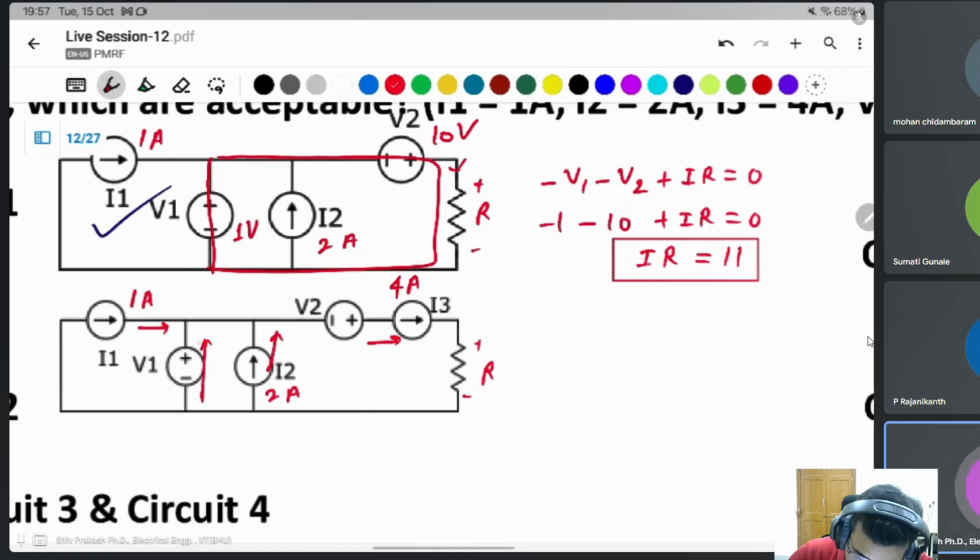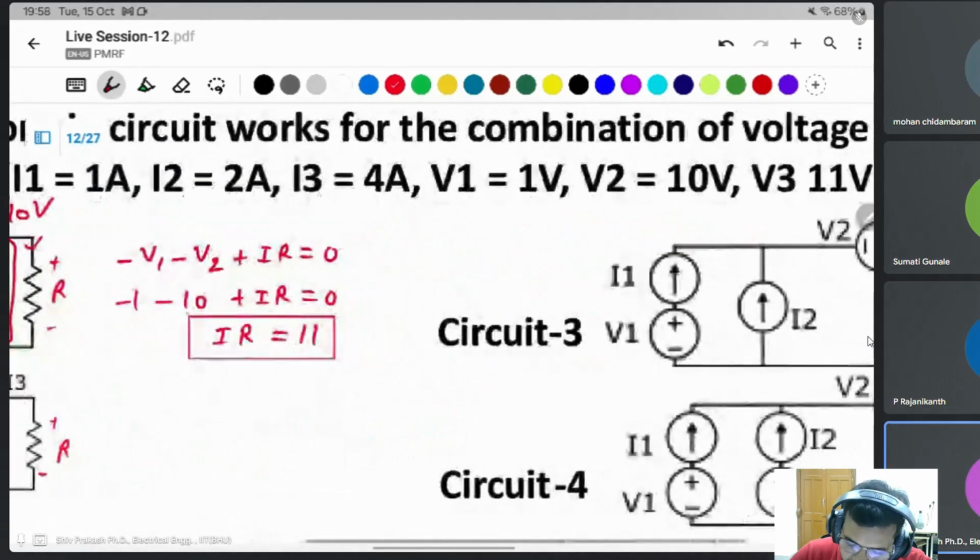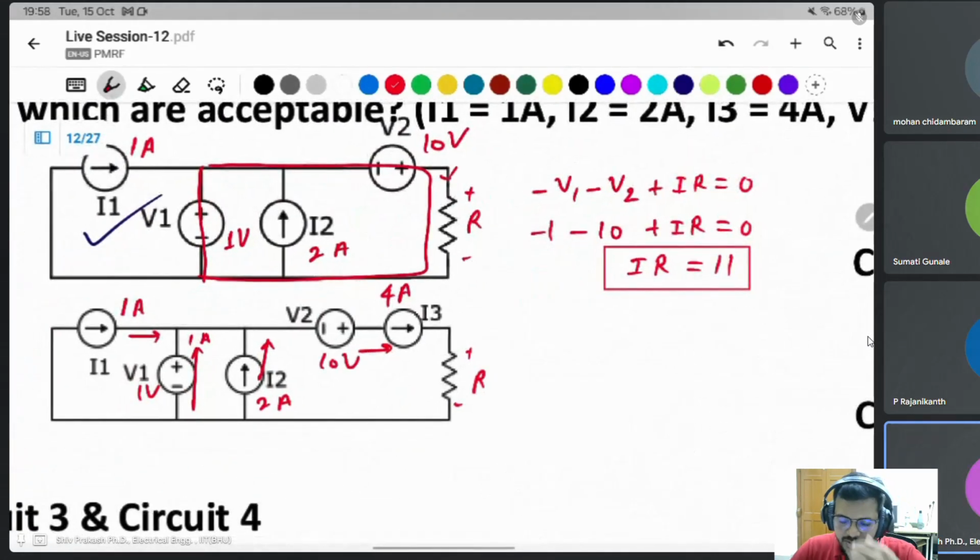When this flows the 1 ampere current, there is a voltage source, it can flow the 1 ampere current, but it depends on the V2 voltage also. V1 is 1 volt, V2 is given as 10 volt. Again, the resistance is not mentioned, so all of these depend on the resistance. Okay, so this circuit is also possible by using a suitable resistance.